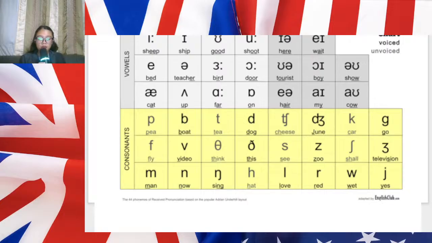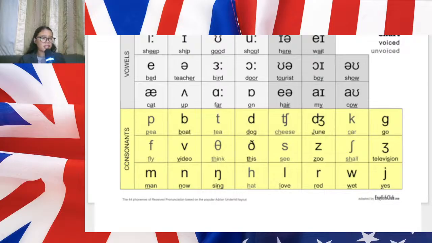Now, when it comes to consonant sounds, aside from the five vowel letters, the remaining letters are the consonants. We have 21 consonant letters.